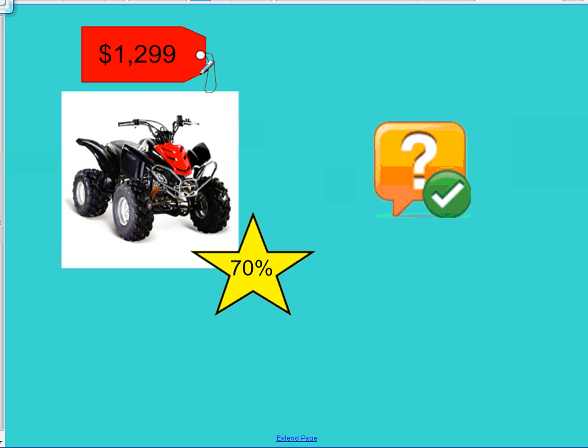So I know that the original price is $1,299, and I don't know my sale price, so I'm going to call that x, and I'm going to put that over the original price. And I'm going to set that equal to 70%, or in this case, we want to keep it in decimal, so 0.7. Again, solve for x.